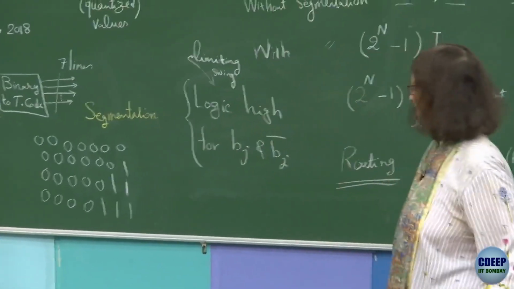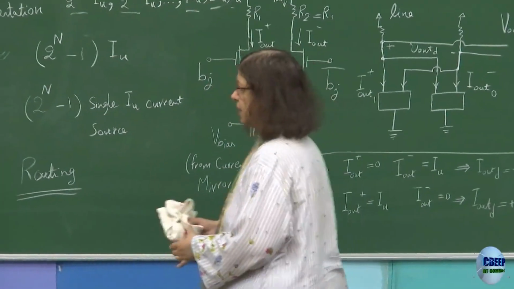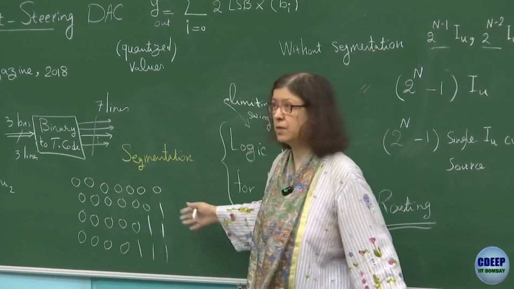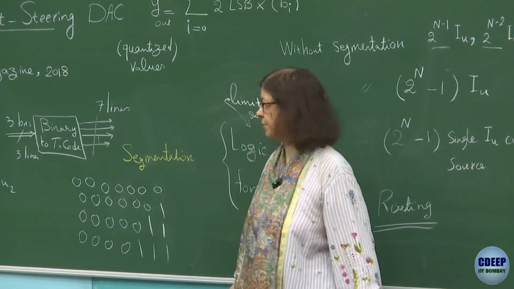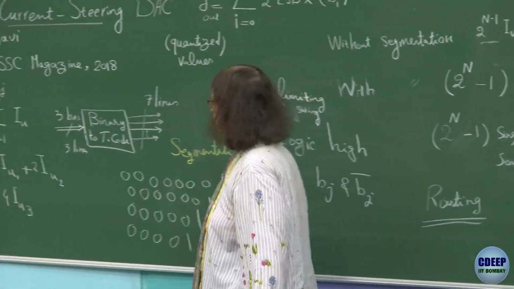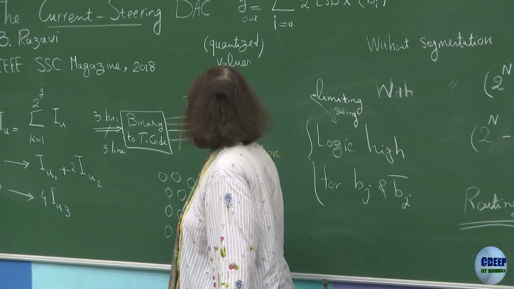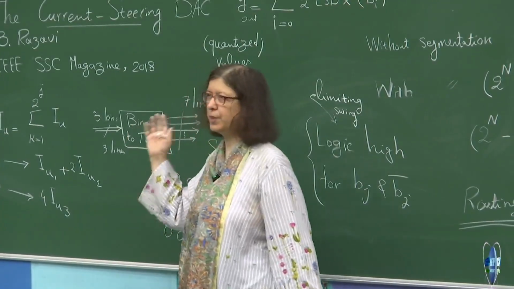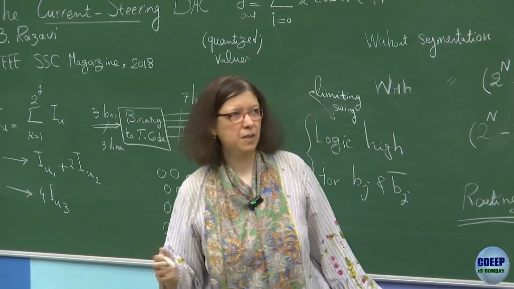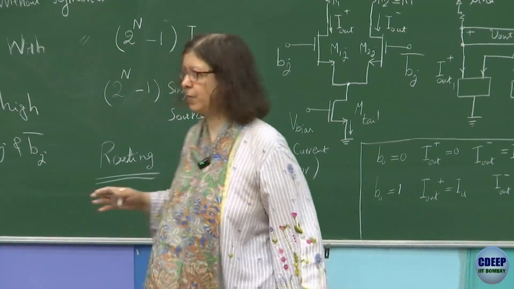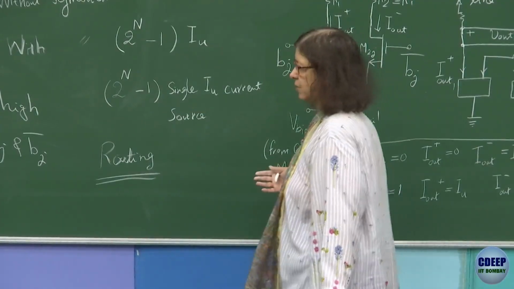Okay, any questions till now? By the way, because segmentation results in too many units which have to be connected to each other, if it is not required, it is okay to apply it only to the bits towards the LSB. Bits towards the MSB will not create such a problem, because even there the variation will not be very high.